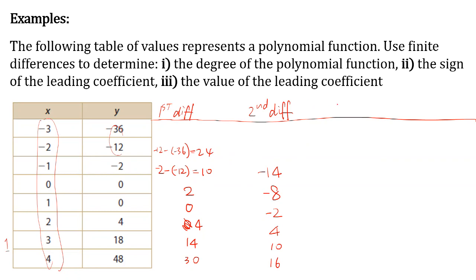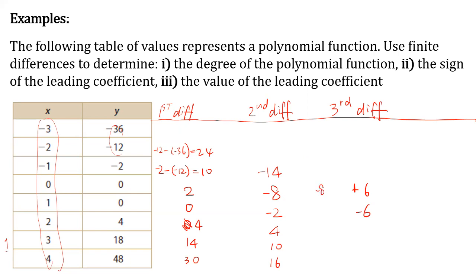And based on the second difference, we can calculate the third difference. Third differences are, okay, first, 8 minus 14 is minus 6. This should be positive, right?